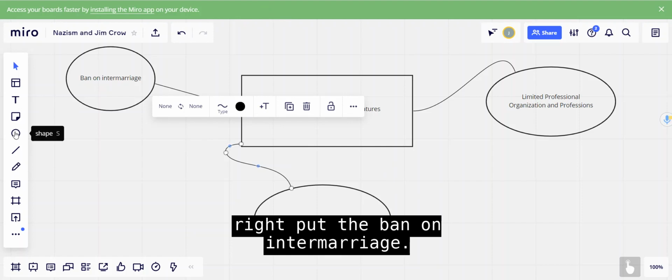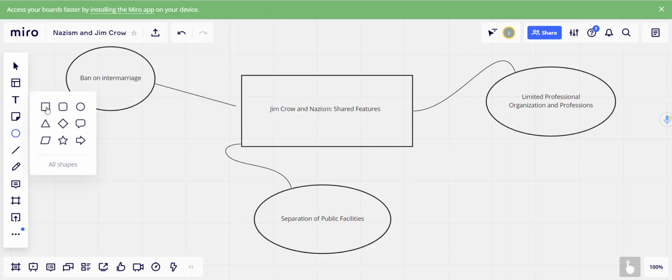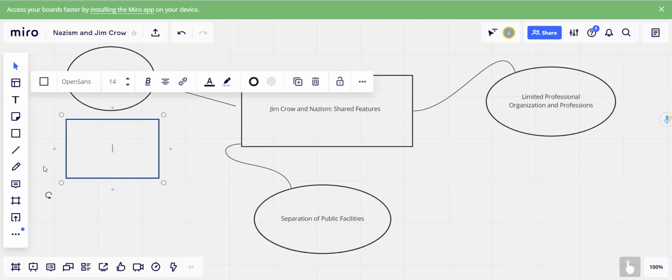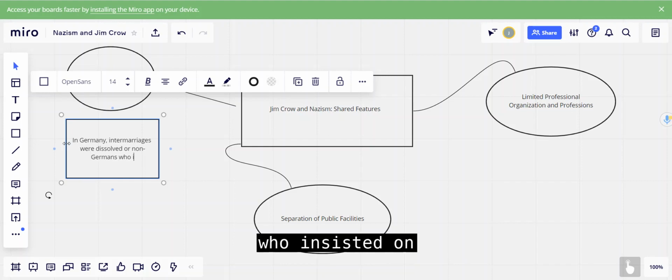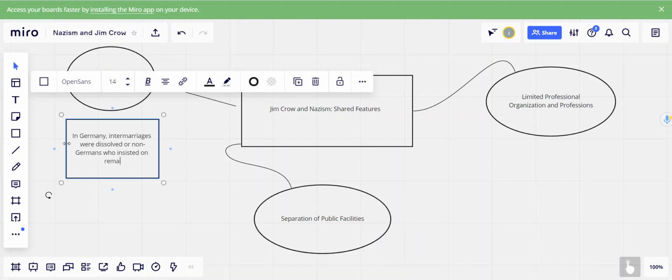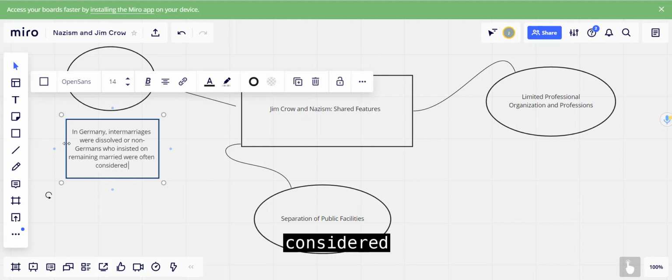What we really also have is, in Germany, intermarriages were dissolved, or non-Germans who insisted on remaining married were often considered Jewish, right?